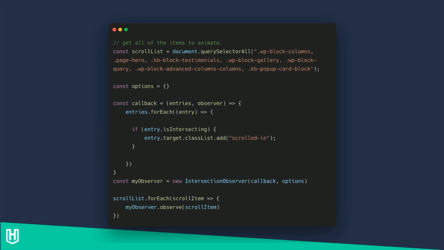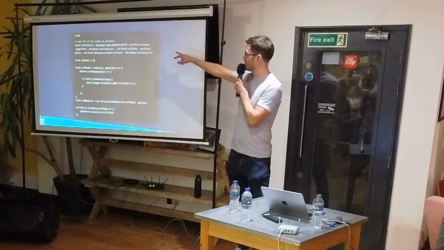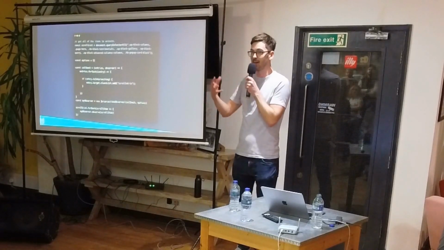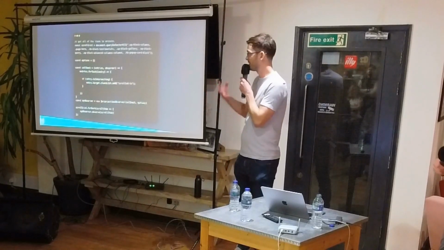I've got an intersection observer here in JavaScript, which basically detects when something comes into view on a page. And all I've done is set up a list at the top here of the query selectors of elements that I want to add some kind of animation to, or I want to add animation to their children somewhere on the site.